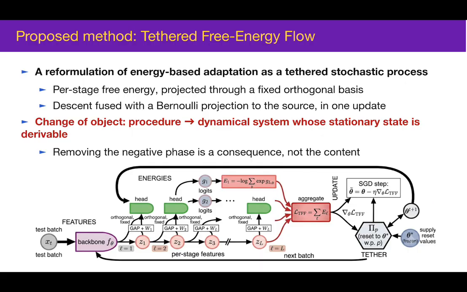Because I set it up as a process, I can derive its stable state with mathematics. The previous methods cannot do that because they were never written as this kind of object. And dropping the negative phase is simply a consequence of this reformulation.